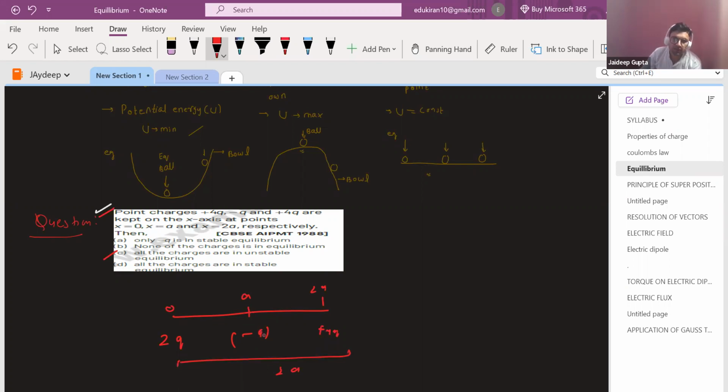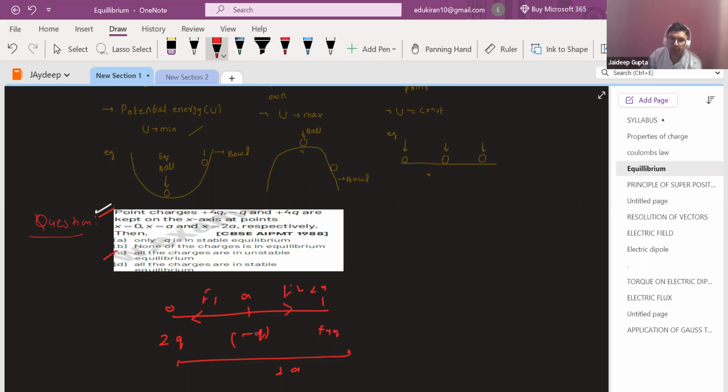So if I displace minus q towards the right, the force will be attractive. The force due to plus 2q is F1, and force due to plus 4q is F2.